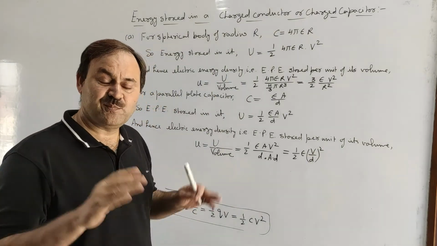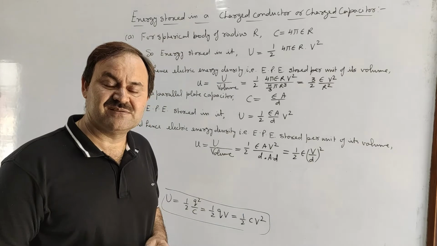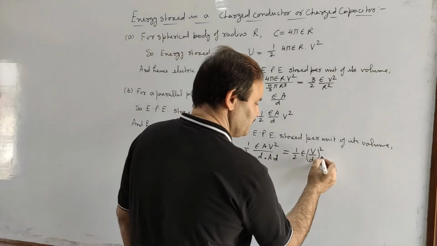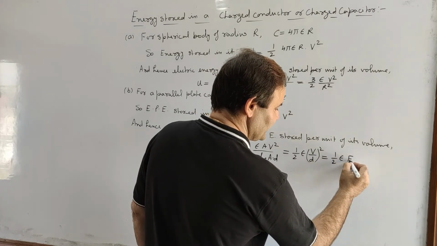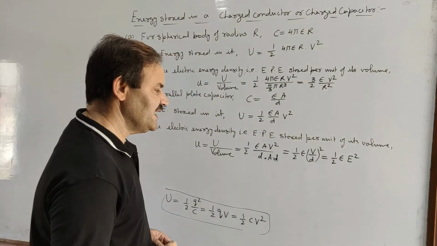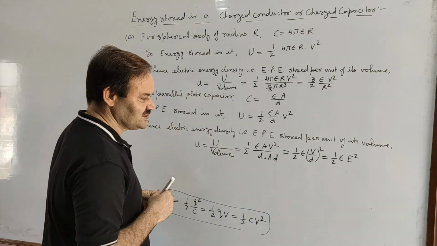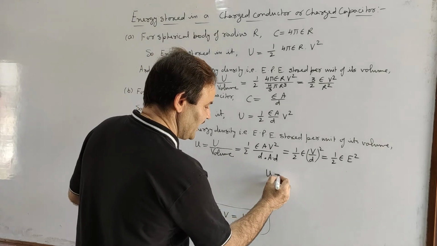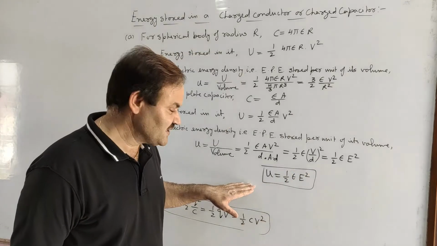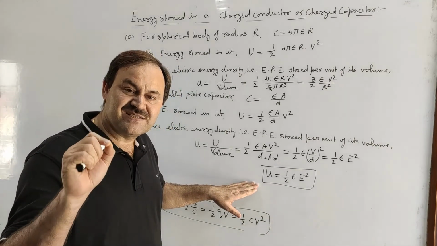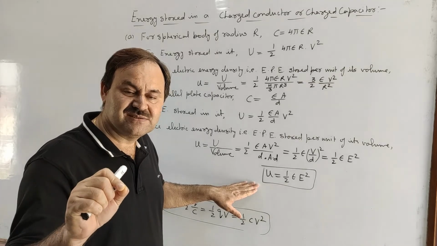And we know that potential difference per unit distance is electric field, the electric field within the plates of the capacitor. So half epsilon E square will be the electric potential energy density within the plates of a parallel plate capacitor. And u is equal to half epsilon E square will be the expression for electric energy density within the electric field produced by electromagnetic waves.